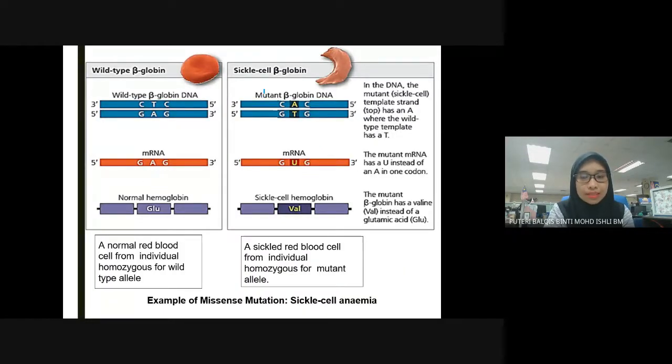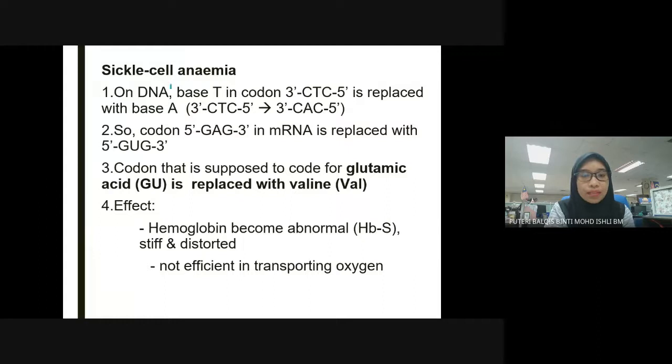So what happens is, sickle cell anemia, on the DNA, saya explain dululah. On DNA, base T in codon 3' CTC 5' is replaced with base A. So it's supposed to be 3' CTC 5'. It will become 3' CAC 5'.